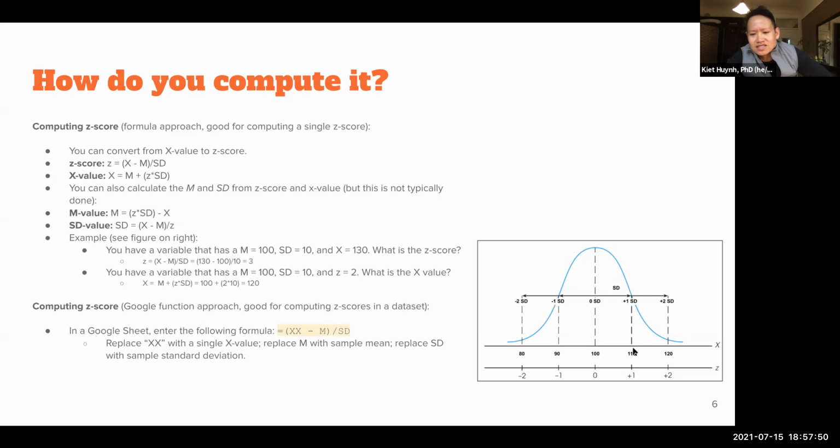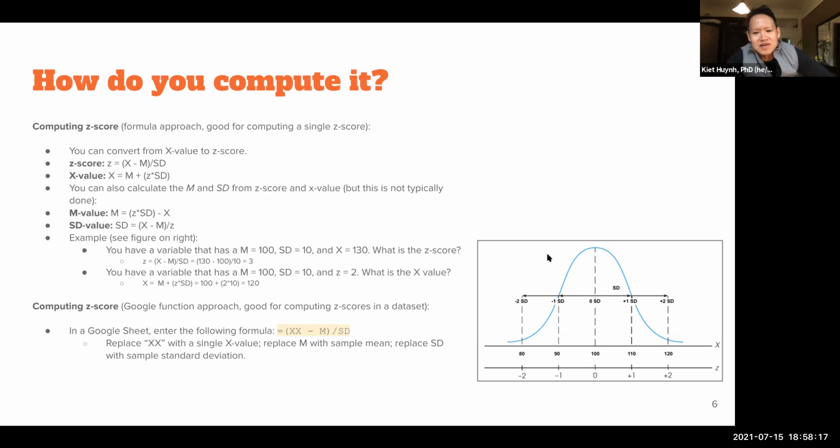If you go one more standard deviation, you add another 10, you're at 120. And if you have the mean and you want to go negative one standard deviation, you just subtract 10, because remember, one standard deviation is 10 in this variable. Then X is 90. If you subtract two standard deviations, then you have 80.